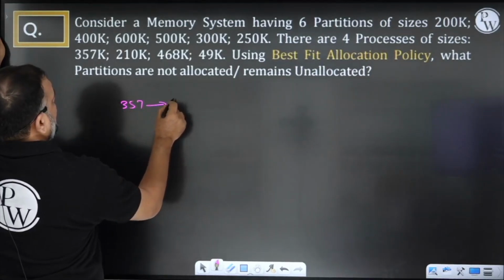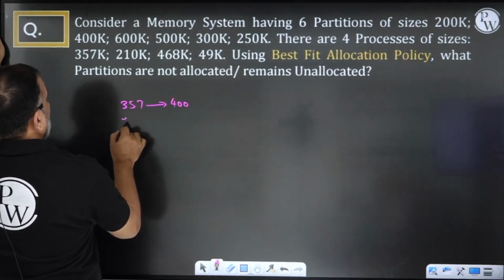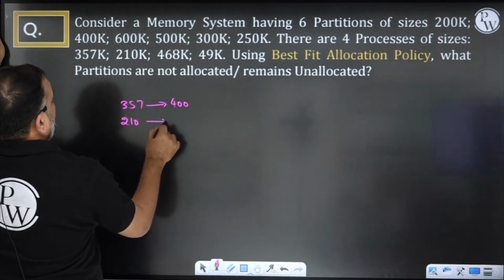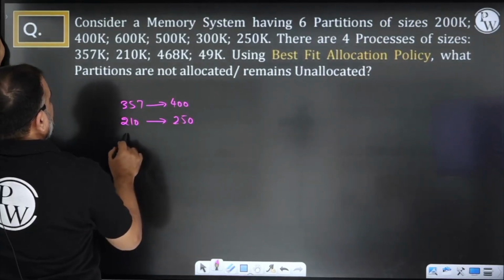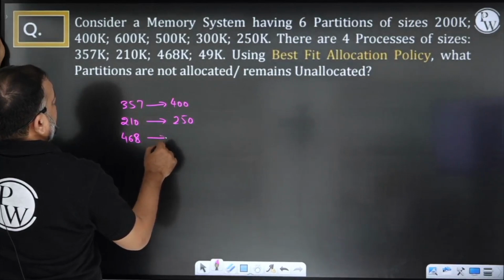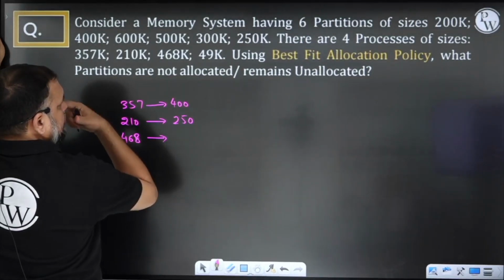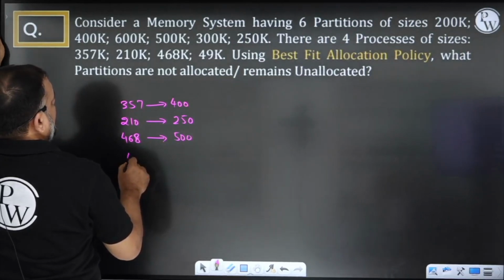357 will move into where? 400. And then I have 210K. 210 will move into where? 250K using best fit. 468 will naturally go into 500. And then finally 49.